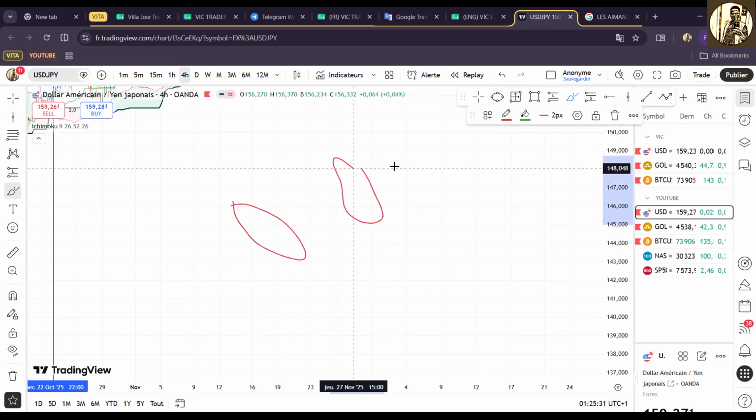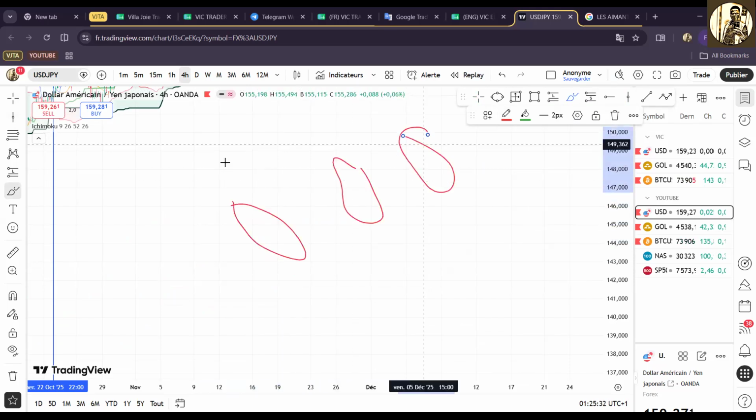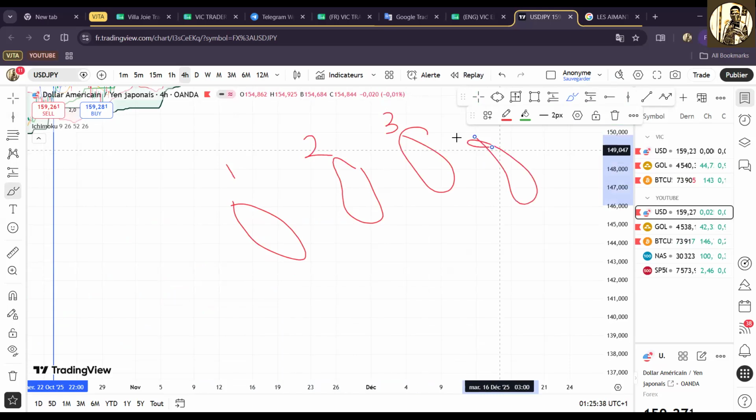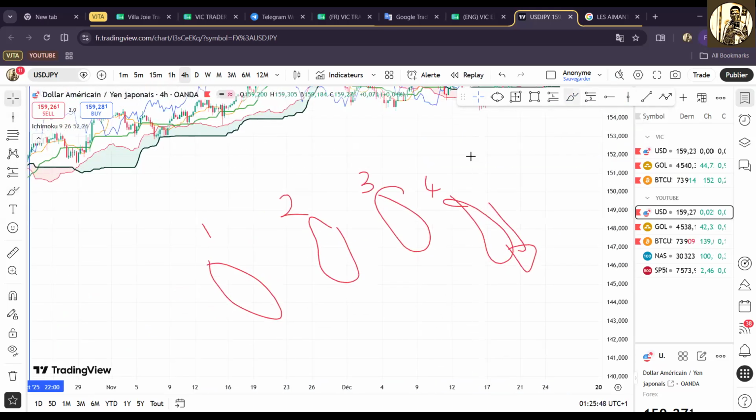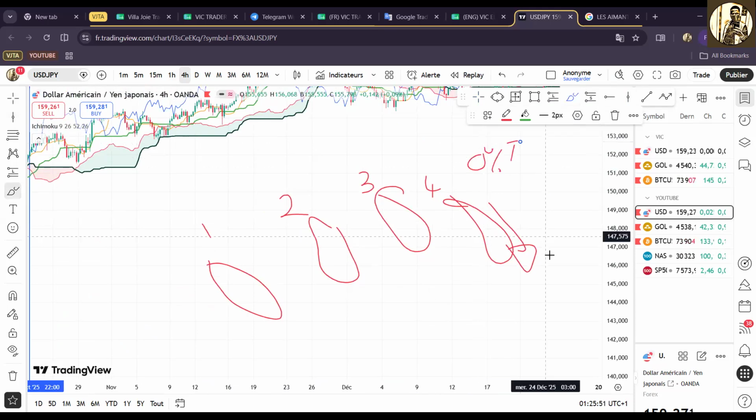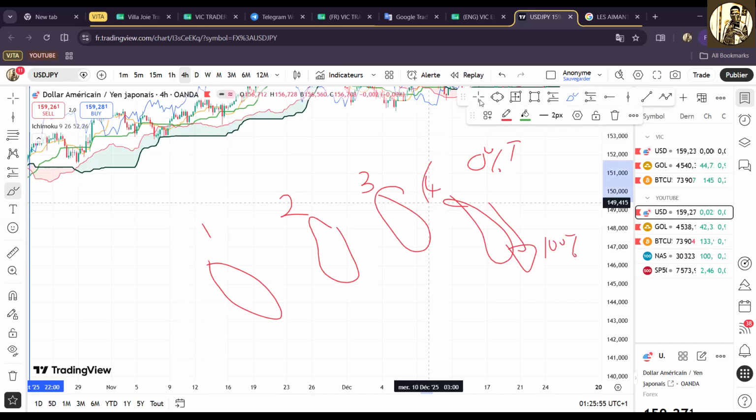One, two, and three. After three corrections, the fourth correction will not be a correction. It will be a total reversal of the price to the downside. So the fourth correction will show you there is 0% chance of the price to keep going up and 100% chance of the price to keep going down, because it is the fourth correction.